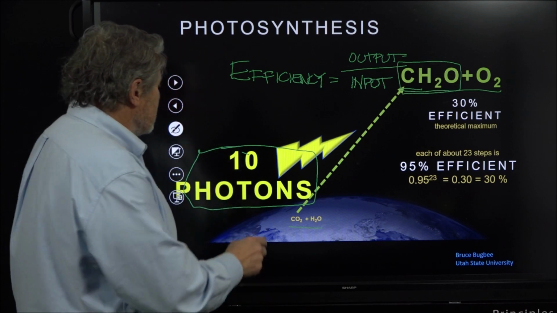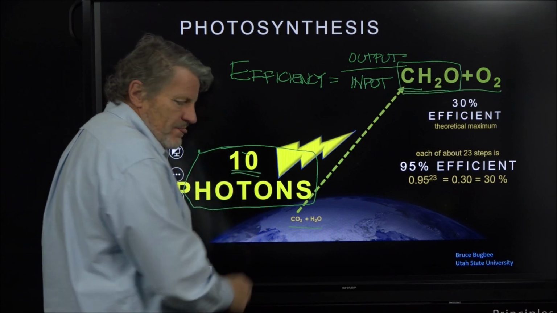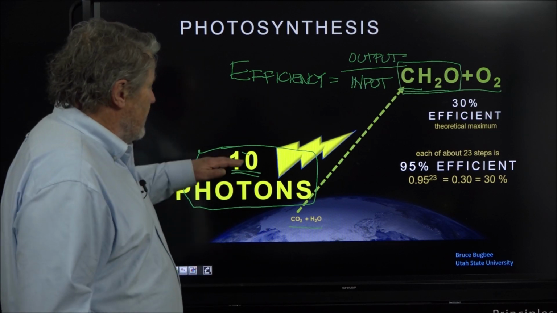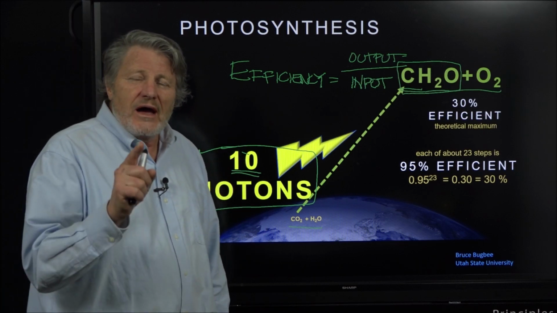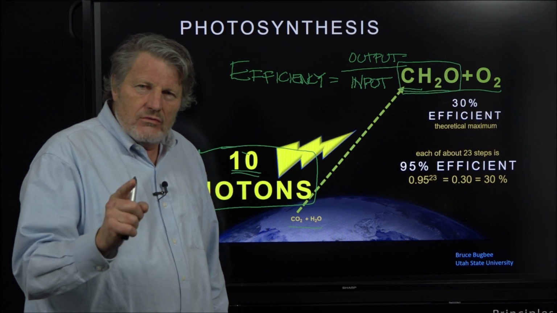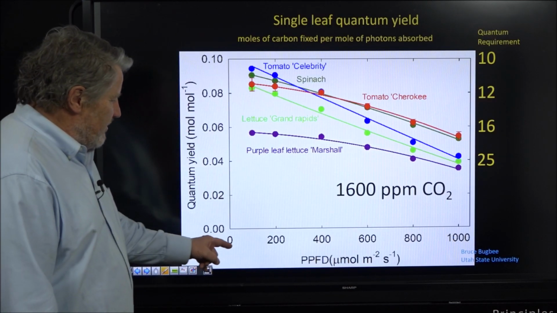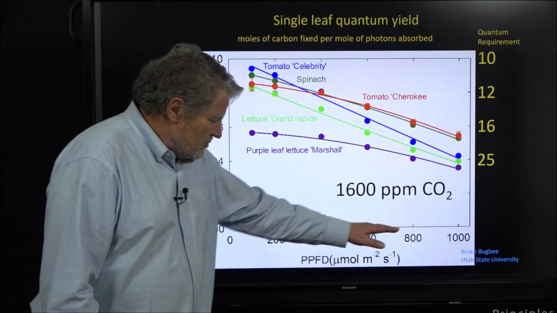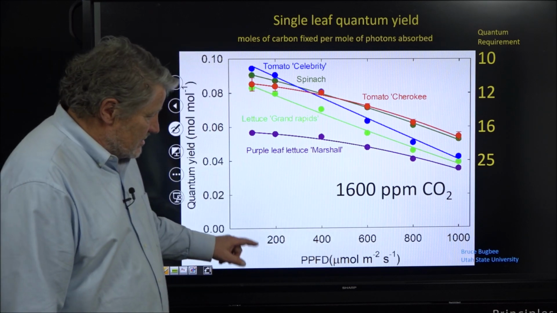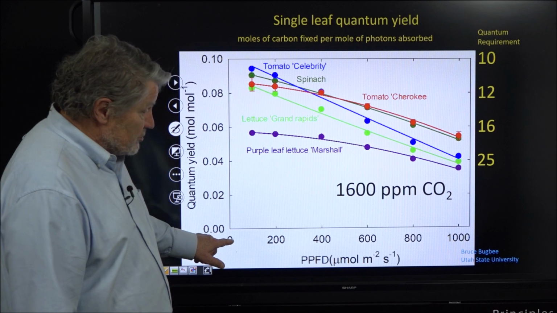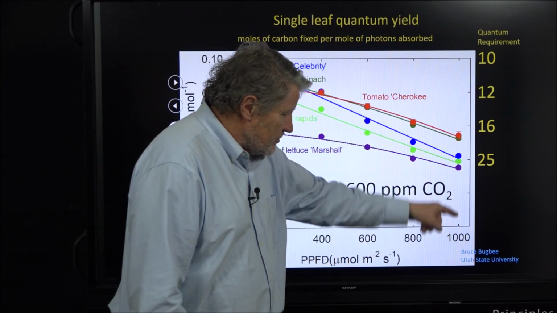Now, let's look at these 10 photons. That's the theoretical minimum. How close can we get to that when we measure this in a plant? Here's a graph of photosynthetic photon flux density down here. Increasing light, 0 is dark, go all the way up to 1,000.